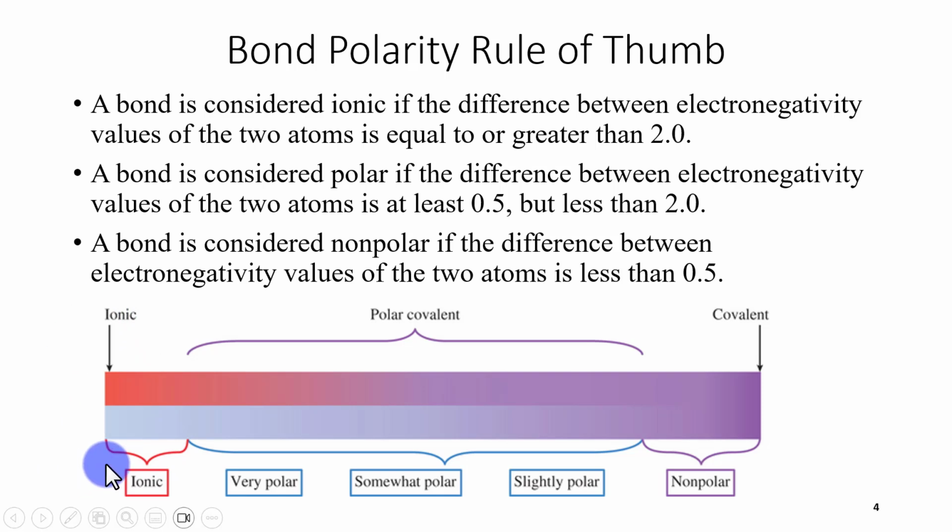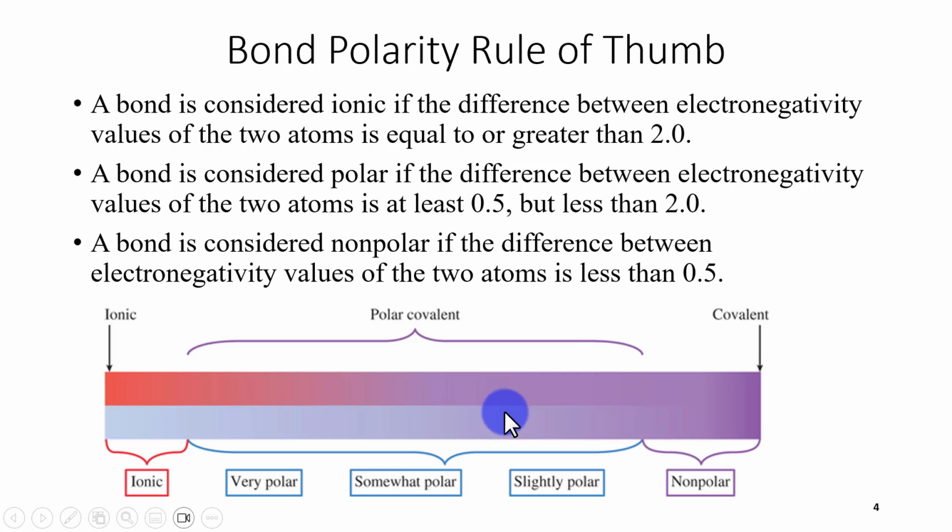On this end, we have a complete transfer of that electron or electrons from one atom to the other, forming ions that form ionic bonds, electrostatic attractions. Here they're sharing, but they're sharing equally. Here they're completely transferring. And then the area in between, we have polar covalent bonds.